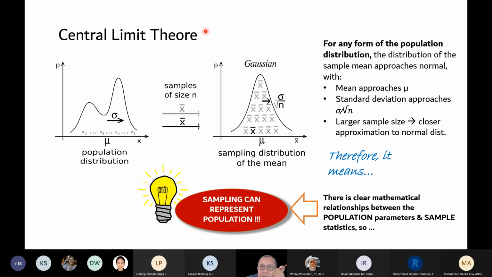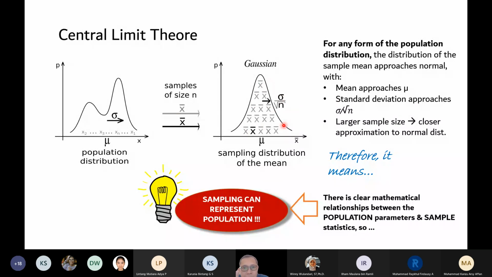So for any form of population distribution, it doesn't matter what the shape of the population distribution is, if we take sample means from the population and we construct the frequency distribution of the sample means, then the distribution will approach normal shape.